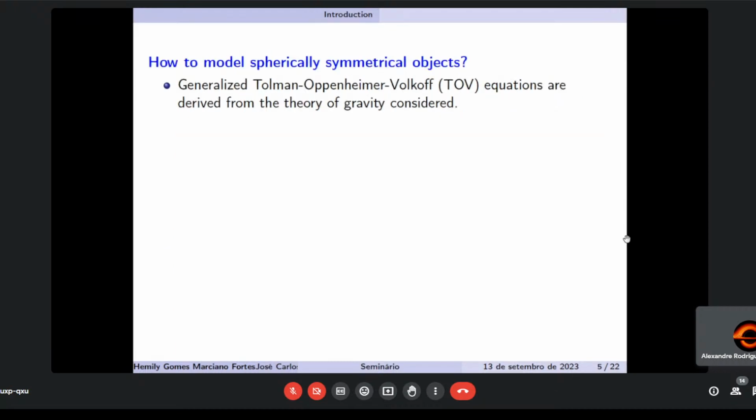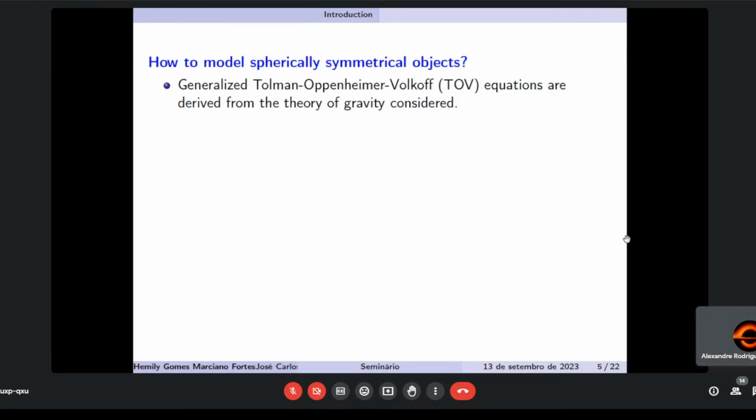So, how to model spherically symmetric objects? We are working with compact objects, for example, neutron stars. So you have to know how to model this kind of object. We use the Tolman-Oppenheimer-Volkoff equations, hereafter I will say just TOV equations.